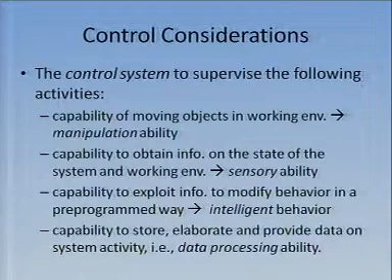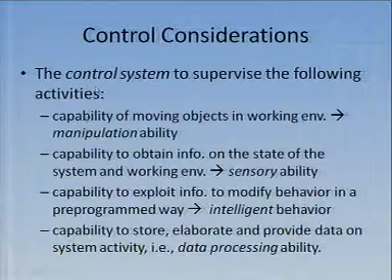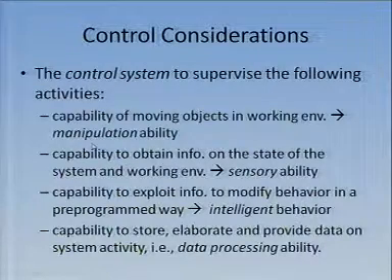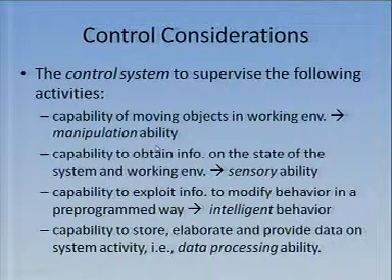Now, the hardware which you use for control purposes, other than calculations, has to have several other abilities. Now, I am pointing out these abilities here. The control system should be supervising the following abilities: capability of moving objects, that means manipulative ability.